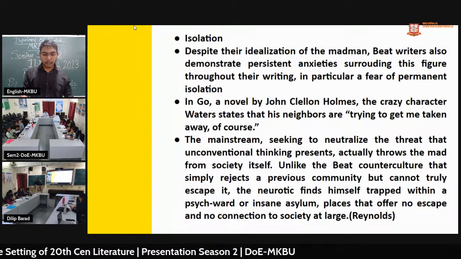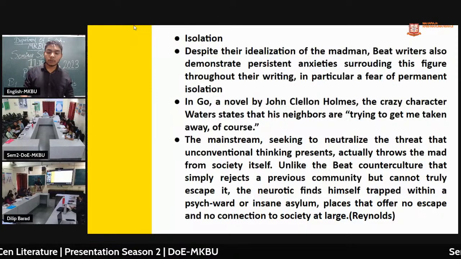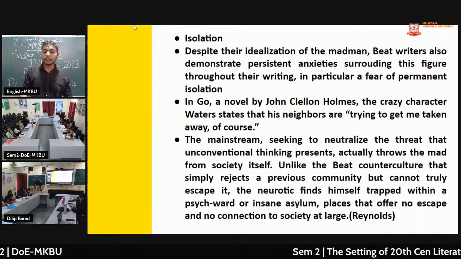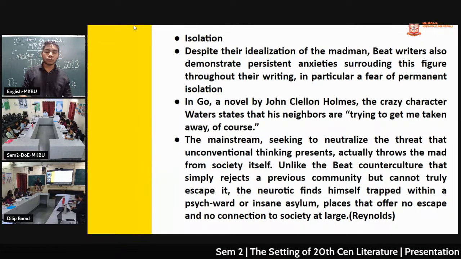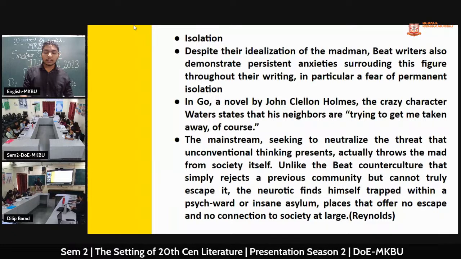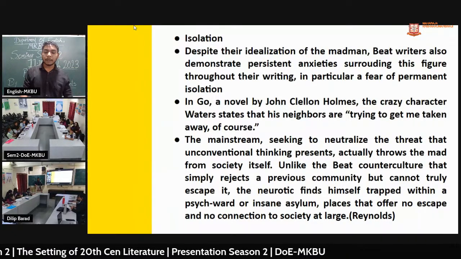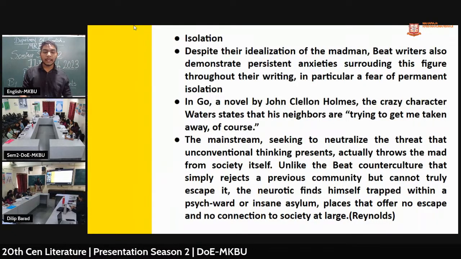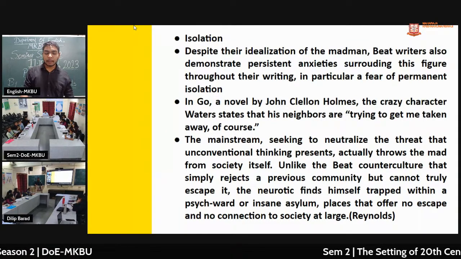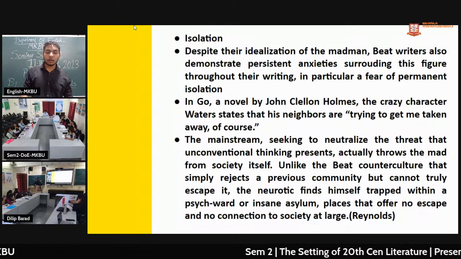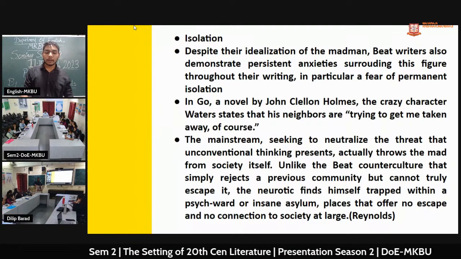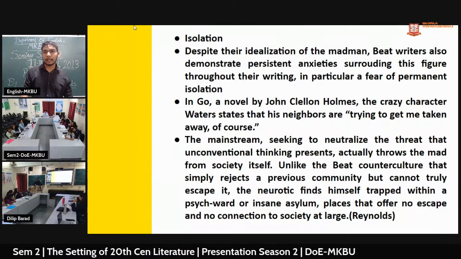Of course, the mainstream, seeking to neutralize the threat that unconventional thinking presents, actually throws the mad from society itself. Unlike the beat counterculture that simply rejects a previous community but cannot truly escape it, the neurotic finds himself trapped within a psych ward or insane asylum, places that offer no escape and no connection to society at large.